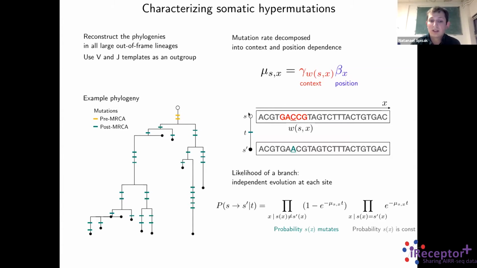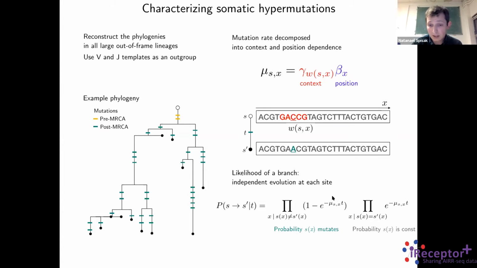And for each such branch, we can easily write a likelihood, where we assume each site evolves independently. And so the likelihood of each branch of such a phylogeny is simply a product over all positions in the sequence, where separately we write Poisson probabilities that a given position is constant, so nothing happened, or the complementary probability that a position has mutated.